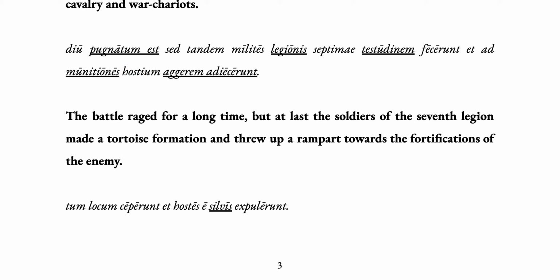Remember, hostes is a word which appears in the plural, but you translate as singular, the enemy. Threw up a rampart means you basically construct a kind of bridge almost, which allows you to climb onto the walls of the enemy's fort. That's the idea.